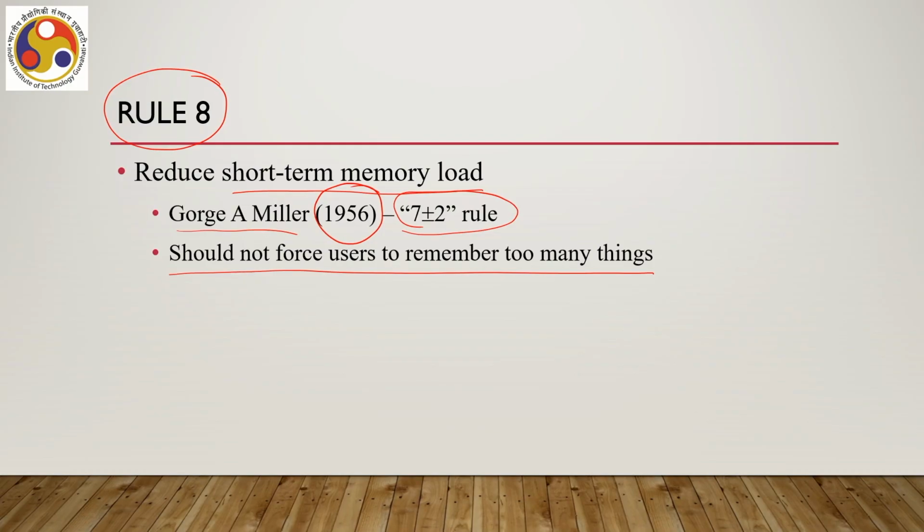So, in short, we should not force users to remember too many things, where too many in this context quantitatively means more than 9 chunks of information. A chunk of information is essentially a unit of information. It can represent one letter, one word, a whole sentence, or a whole concept. It varies from application to application.